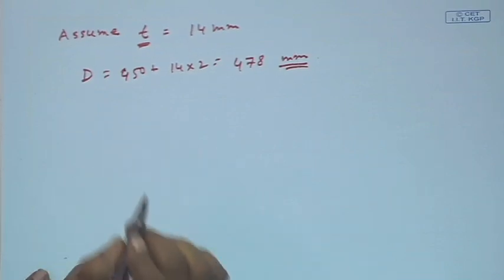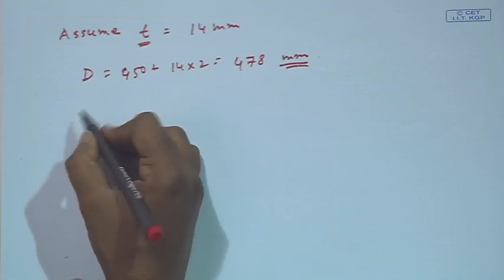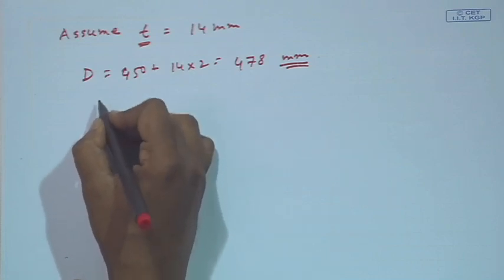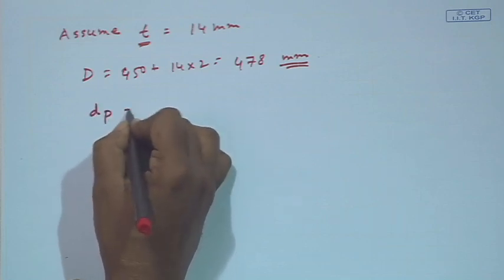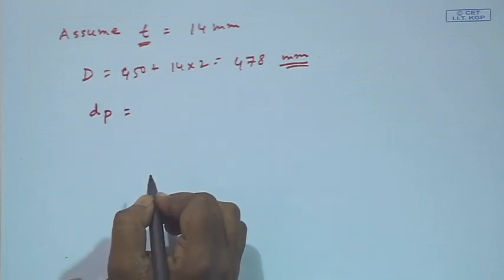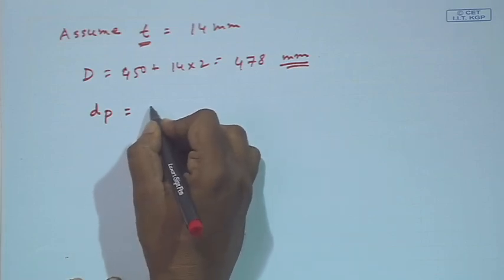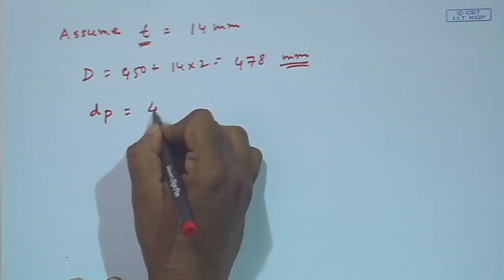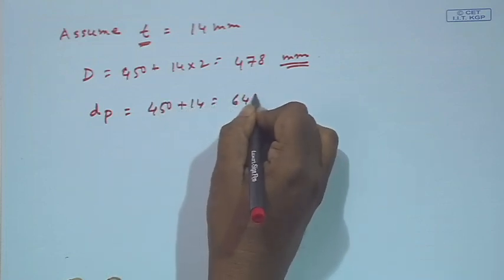So, with this we can try. The distance between the center to center of the plates, say dP, will become 450 plus 14, that is 464.